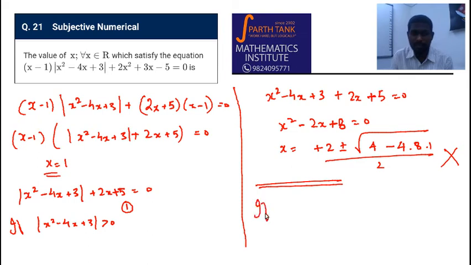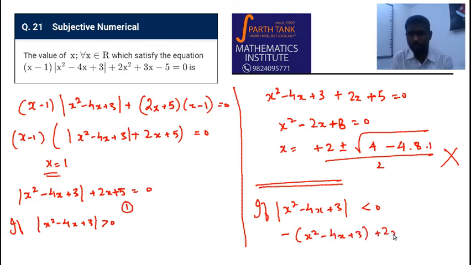Let us take x squared minus 4x plus 3 is less than 0. Then the equation would become minus of x squared, this mod becomes minus of this term, right? So minus of this plus 2x plus 5 is 0. Okay, so if I were to simplify, minus x squared plus 4x plus 2x, that is plus 6x, right?